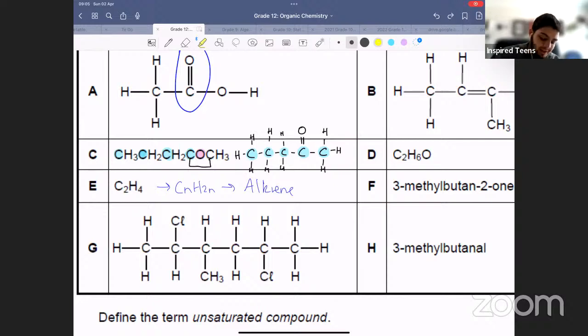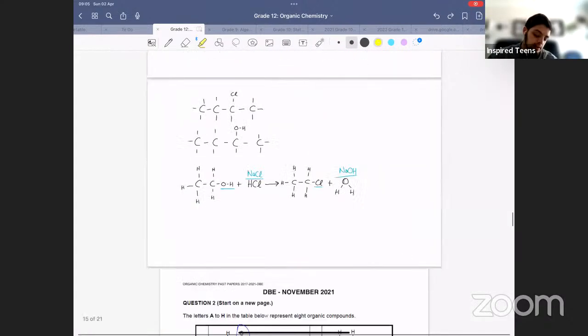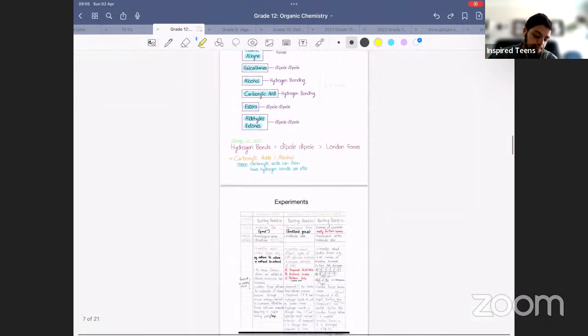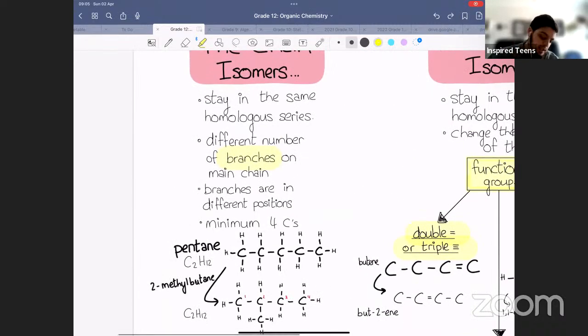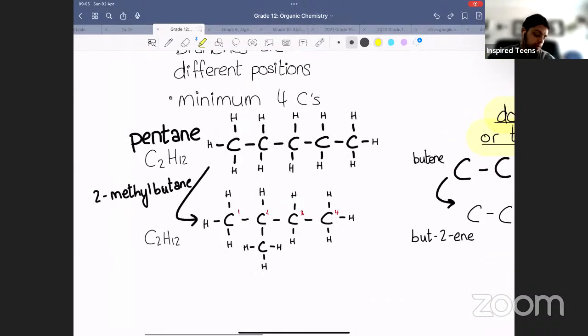So they want a chain isomer of compound C. Let's revise some important things. If they want a chain isomer, firstly, we stay in the same homologous series, so we are not changing homologous series. Now, what is a chain isomer? Different number of branches on the main chain, or the branches in different positions, minimum 4 Cs. Example, pentane changes to 2-methylbutane.